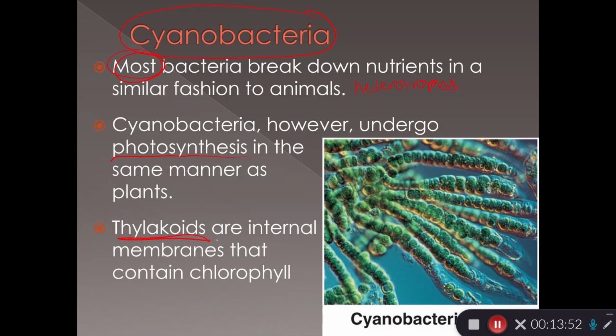A thylakoid is an organelle. We're going to talk a lot about it when we get to the plant cell, but a thylakoid is an organelle found in plant cells. I mean, it's inside the chloroplast. It's stacks of grana right here. The whole stack is called a thylakoid, and it's for photosynthesis. So some bacteria do photosynthesis.